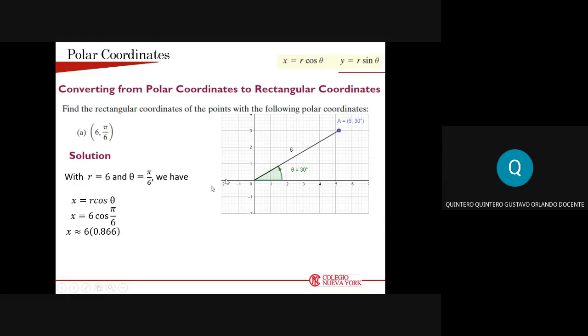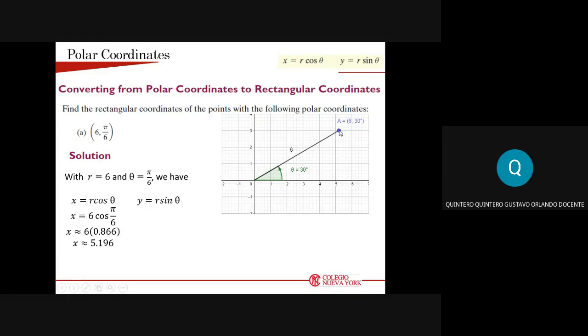Knowing what units you are using is extremely necessary when using the calculator in these exercises. All right, from here, let's multiply this, and we know that x is around 5.196. So around 5.2. And that's what it looks like here, right? 5.2. Beautiful.